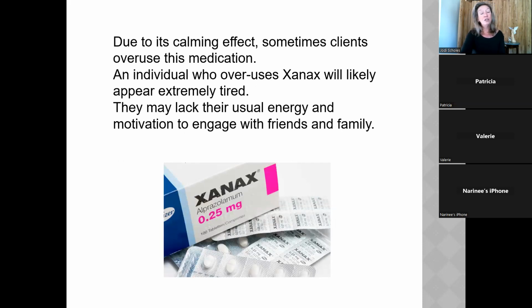Due to its calming effect, sometimes people overuse it, but we have to be careful about judging. How people are using Xanax in the moment you meet them is just how they're using it. There are no shoulds.